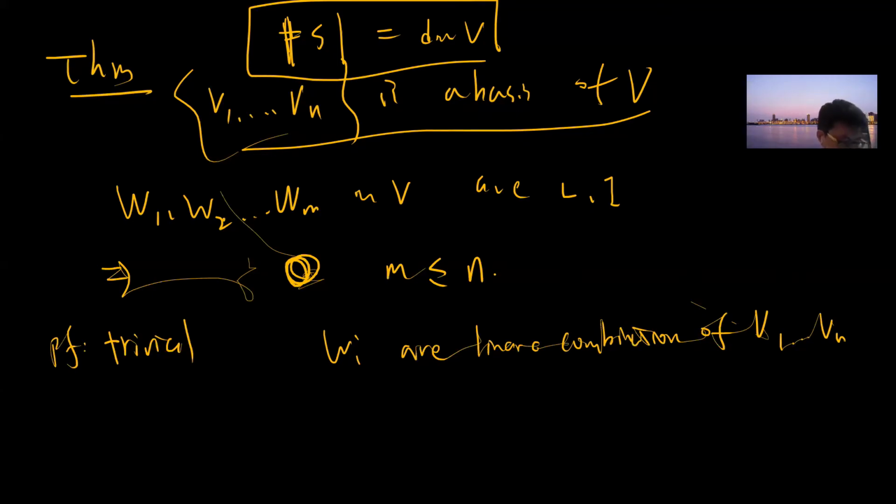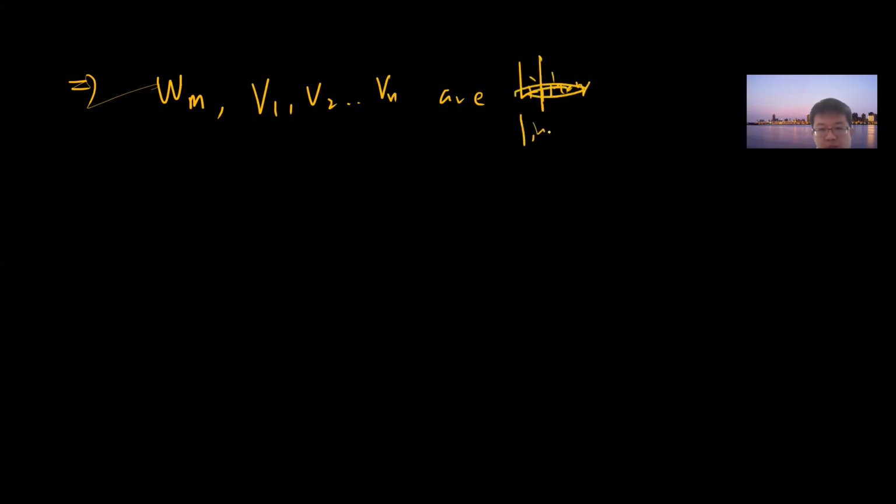So from here we know that, let's say we pick Wm, then Wm and V1, V2, up to Vn are linearly dependent, because Wm is a linear combination of V1 to Vn.